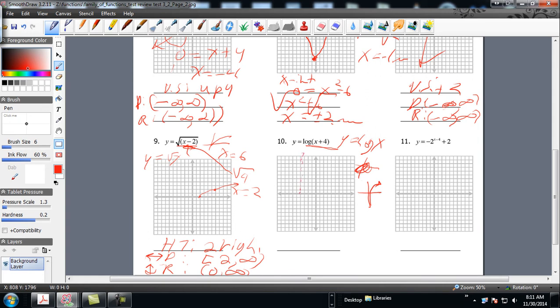There it is. Now here comes the magic question. Where do we normally cross the x-axis? At 1. But now we're going to move it over 1, 2, 3, and now we're going to cross right here. Where is it going to cross the y-axis? Y equals log x plus 4. You stick in a 0, so you get log of 4.